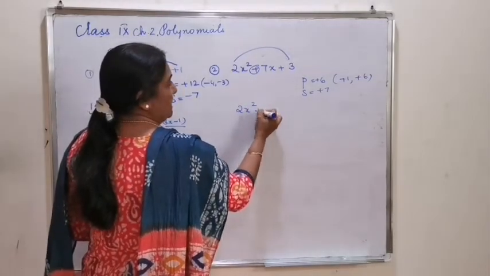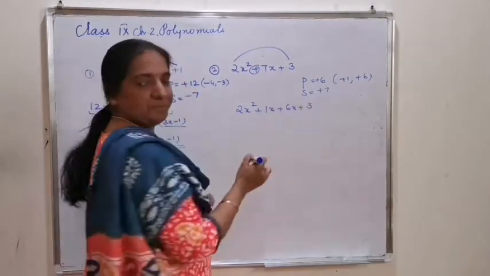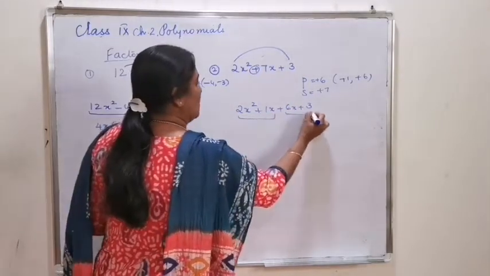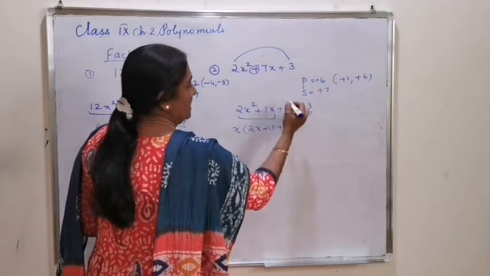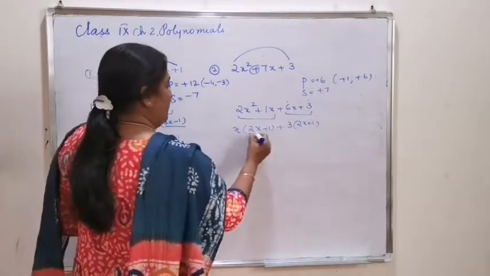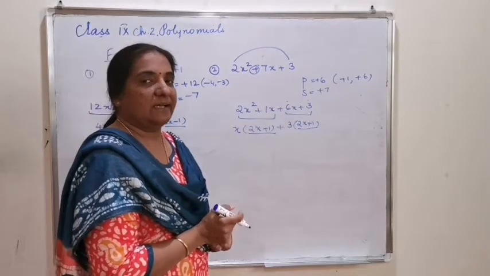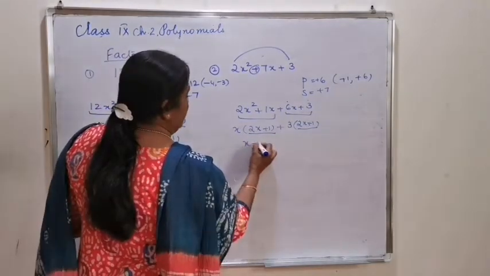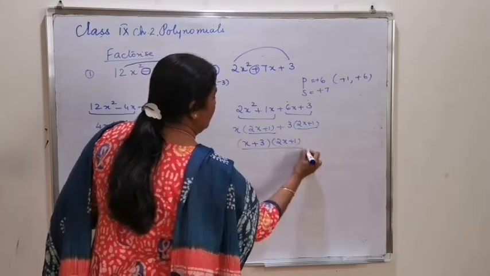Factorization is 2x square plus 1x plus 6x plus 3. Taking the common factor, x into 2x plus 1 plus 3 into 2x plus 1. When you get the same factors here, it means your factorization is correct. So it is x plus 3 into 2x plus 1.